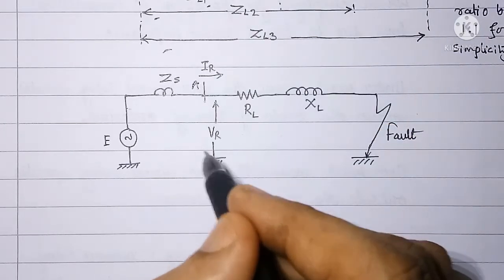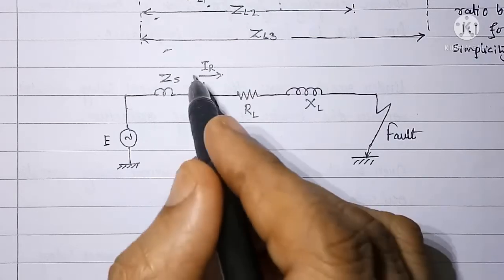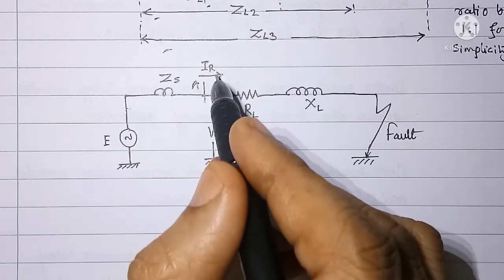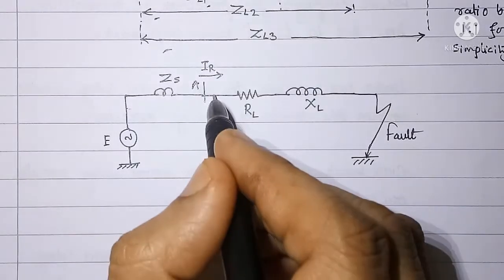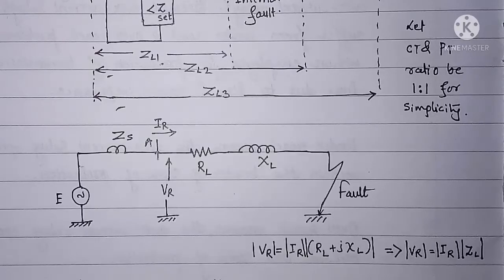Voltage measured by the potential transformer is VR. Current measured by the current transformer is IR. And the voltage measured between bus A and the ground is VR. So we can write the magnitude of VR is equal to the magnitude of IR into the magnitude of ZL.